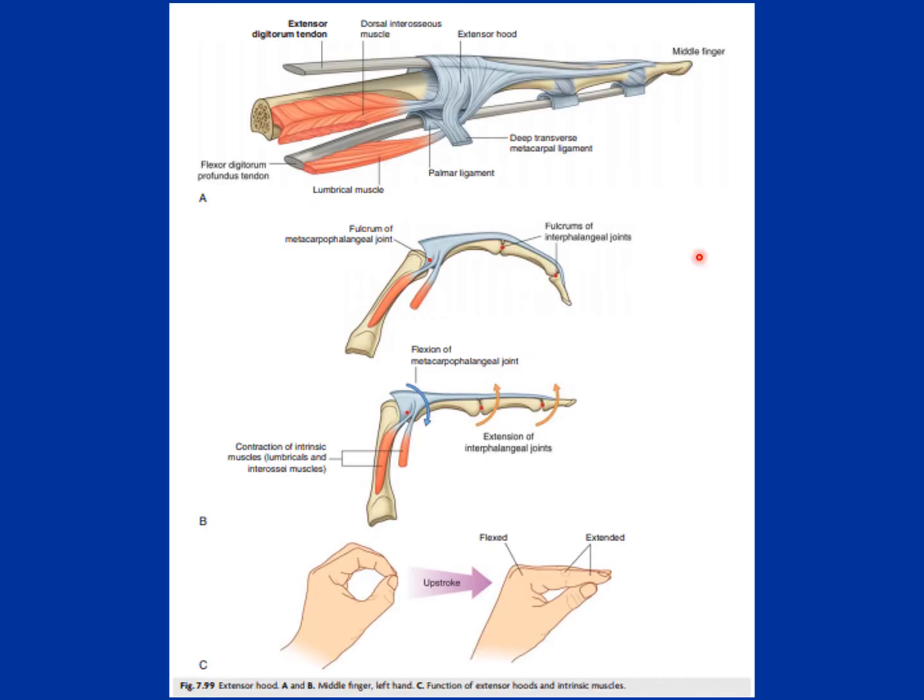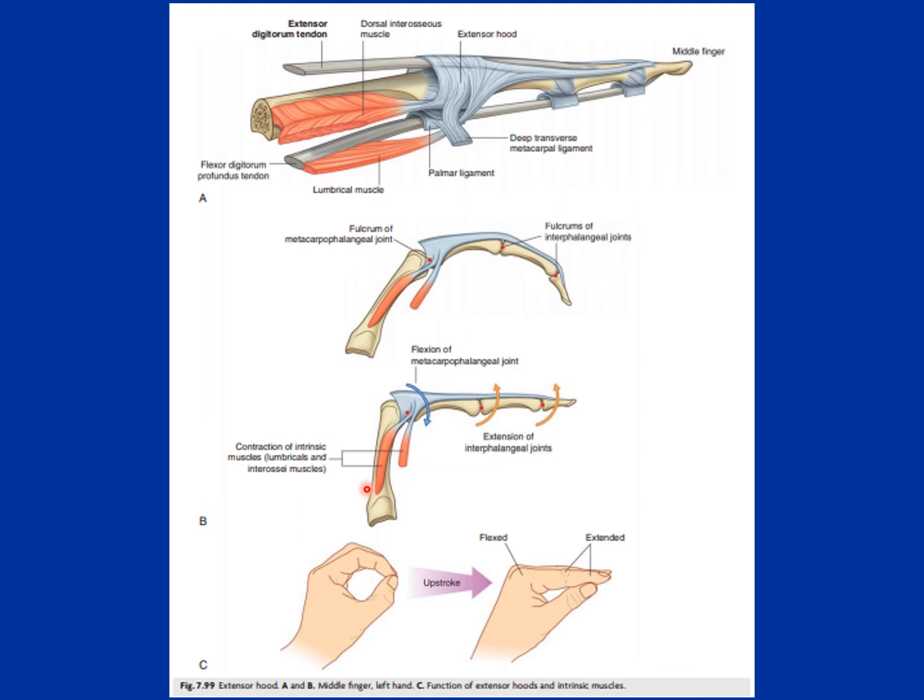This is another diagram showing the same movements, the arrangement of the extensor band, extensor digital expansion, extensor tendon, and below we have the superficial anterior muscle with the lumbrical and interosseous muscles attached there, and how the fingers are moved together.